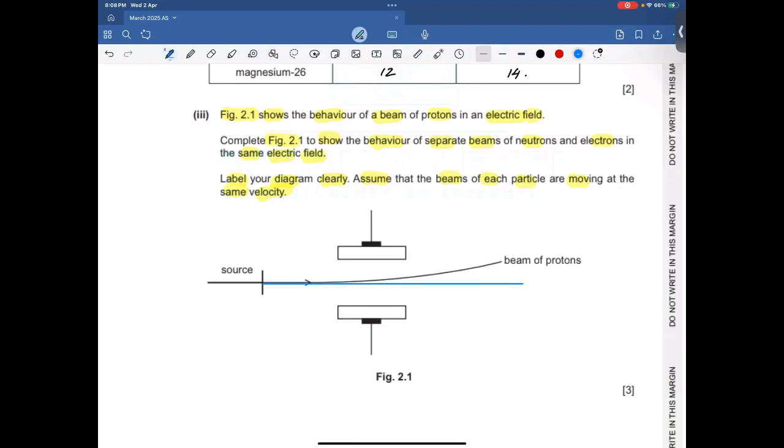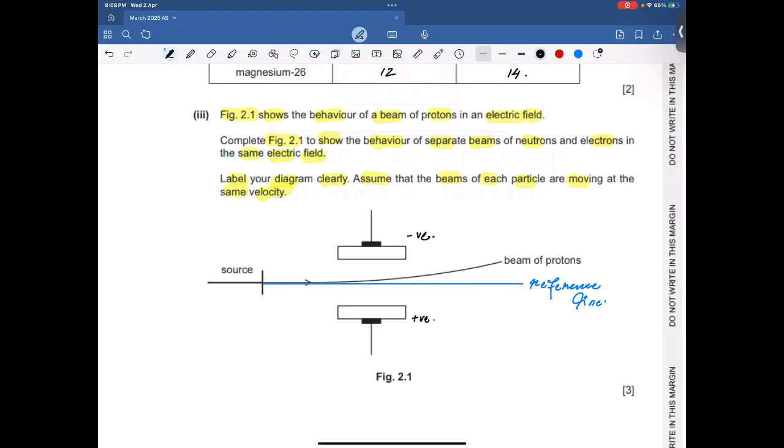This is the reference line. Since protons are deflected towards this plate, this plate is going to be negatively charged because protons are positively charged particles, which is why they will deflect towards the negative plate. And consequently, this plate is going to be positively charged.